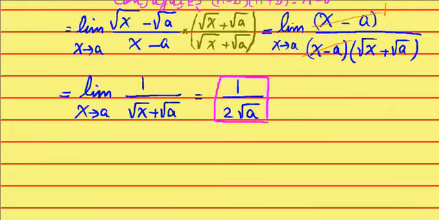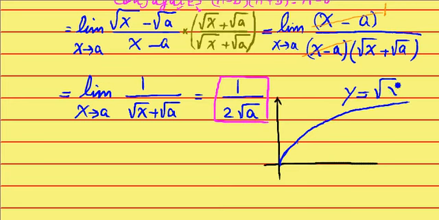One more time, let's make sure we understand what it is we are talking about here. My function was radical x. Radical x, half of a parabola, looks kind of like this: y is equal to radical x.